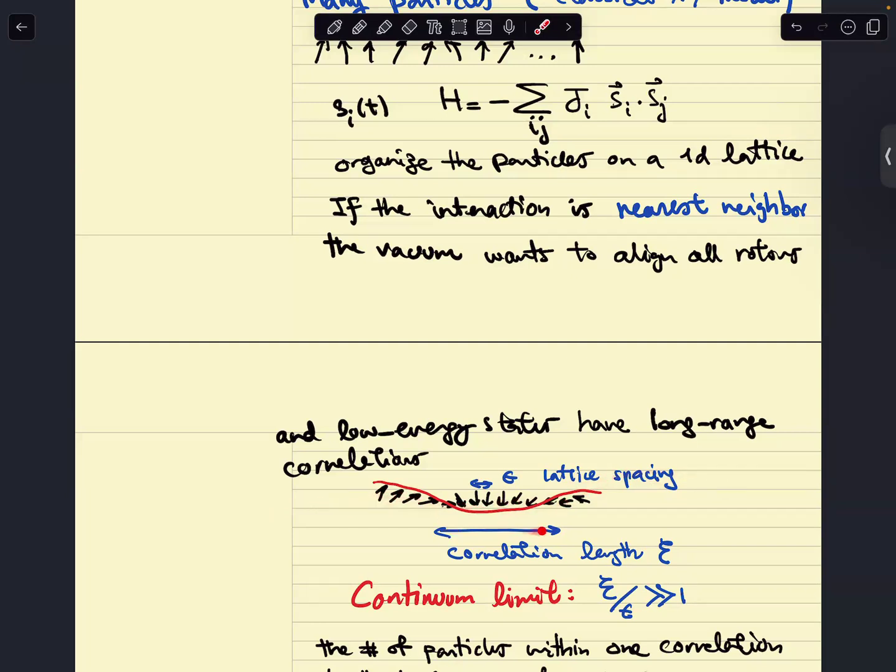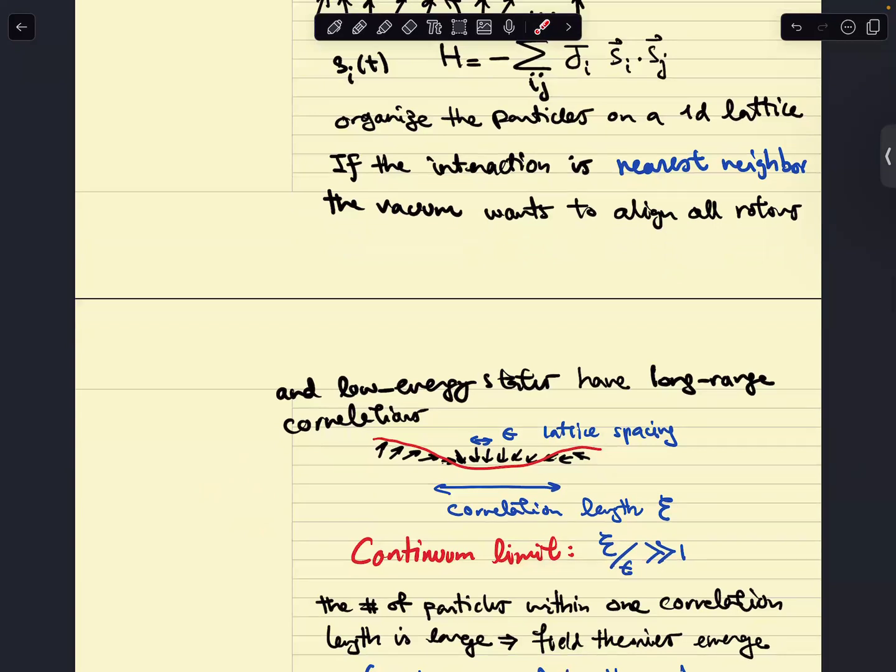And usually the length scale on which these perturbations go up and down is some notion like the correlation length, right? If you go further than this wavelength to the left or right, the spin modes are no longer correlated. If the lattice spacing is epsilon, and the correlation length over epsilon is much larger than 1, this is the limit where these perturbations are very, very long wavelength.